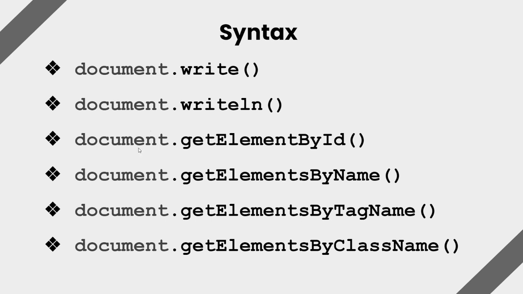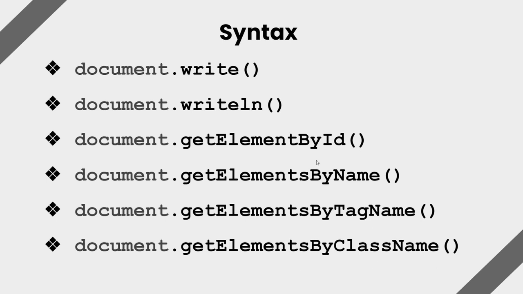Next, we have the document.getElementById. This we are already familiar with. So we have the document object and you have the method attached to it. This particular attachment goes across every other method, including the .getElementsByName method, also the .getElementsByTagName, and lastly the .getElementsByClassName.